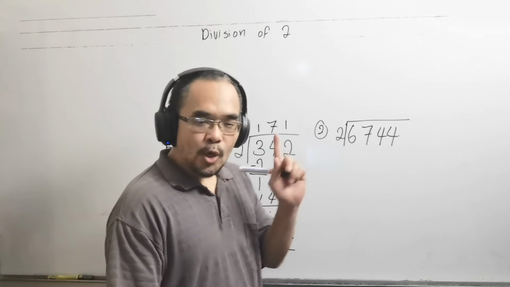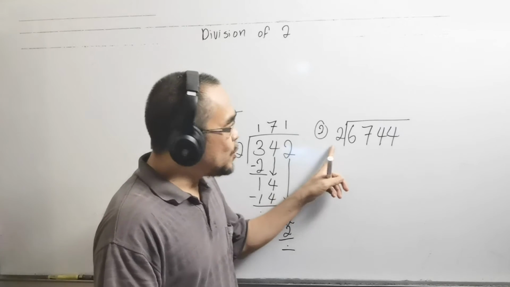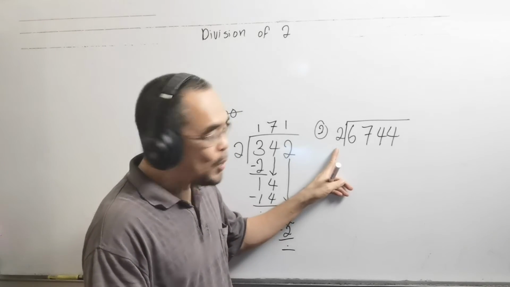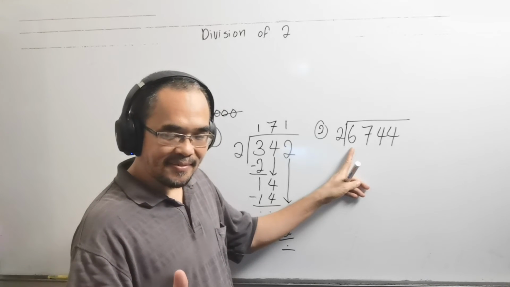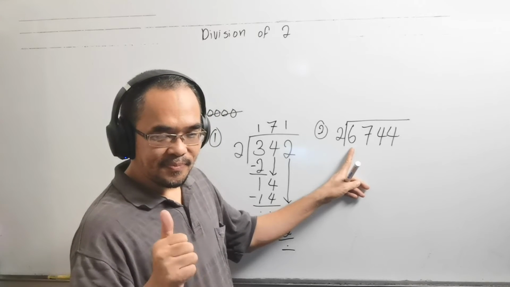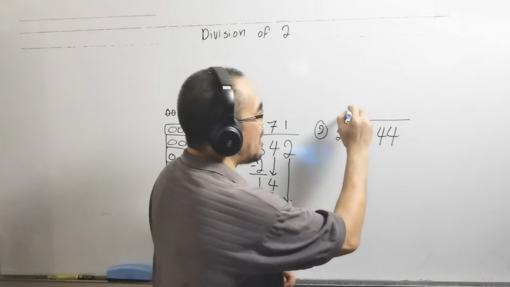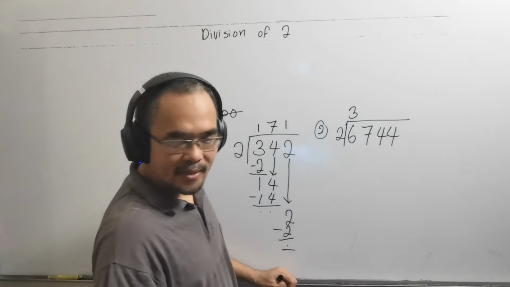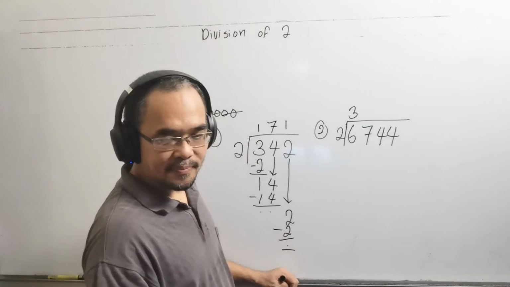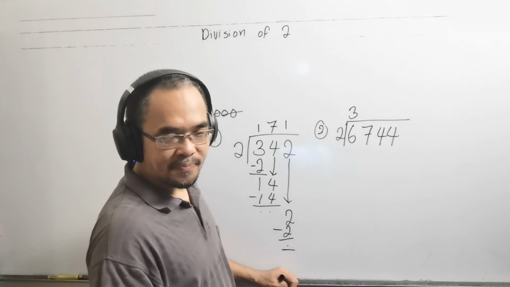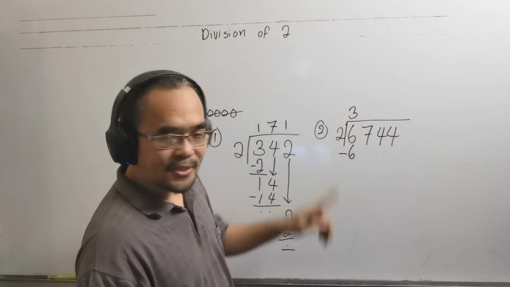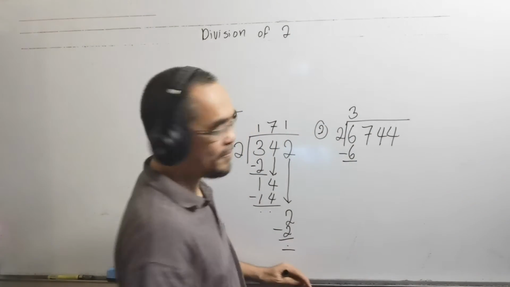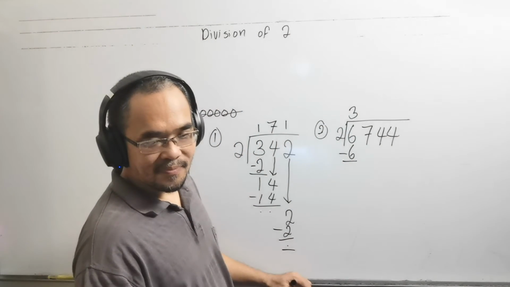So how do we start? You read multiplication of 2 until you get 6. 3, write it down at the top here. And then minus 6, because 2 times 3 is 6.